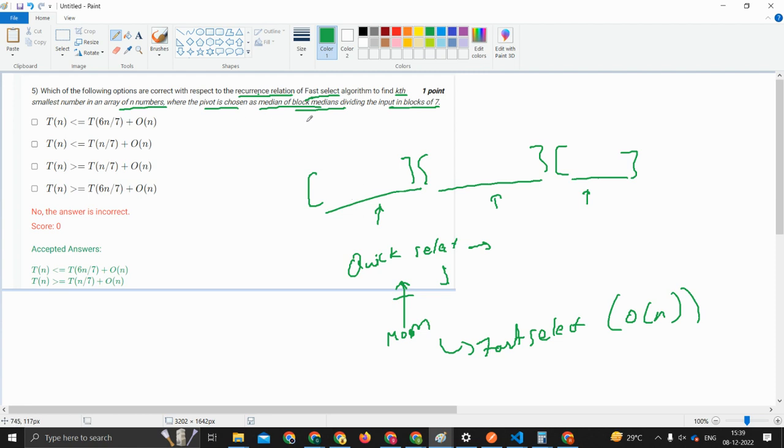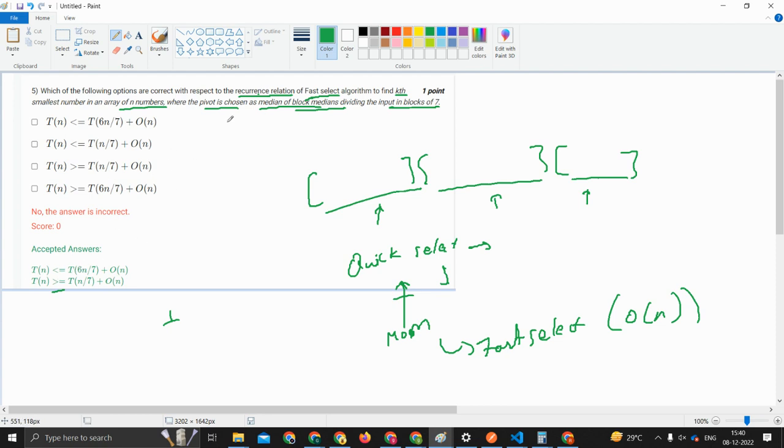Now what is this recurrence relation? I think it is T of n by 7 plus order of n. I'm not sure about the greater than or less than sign.